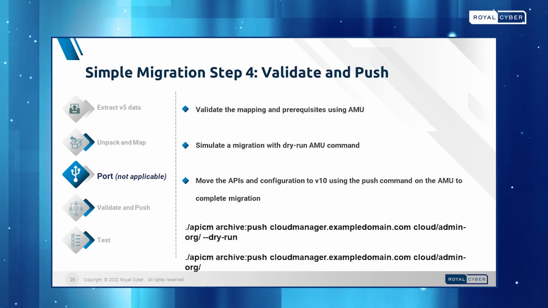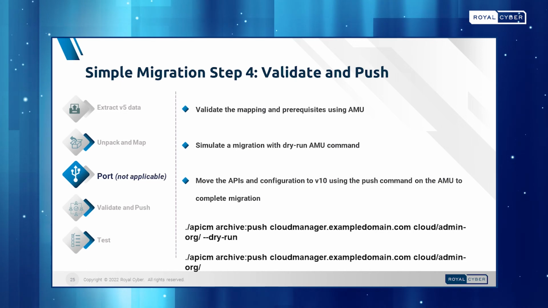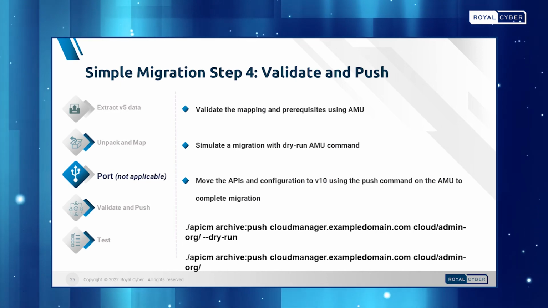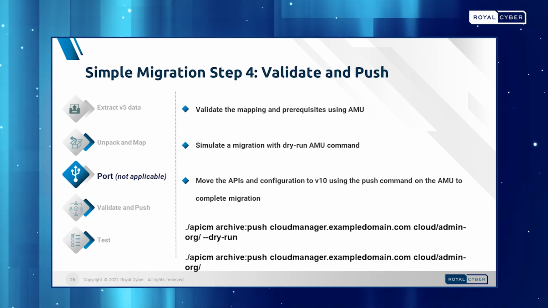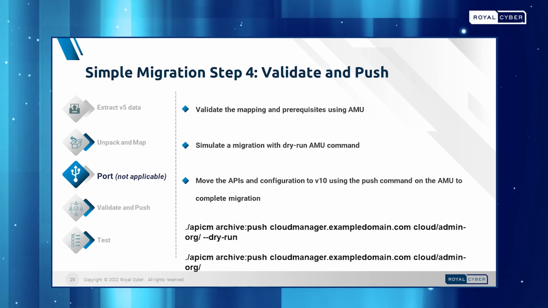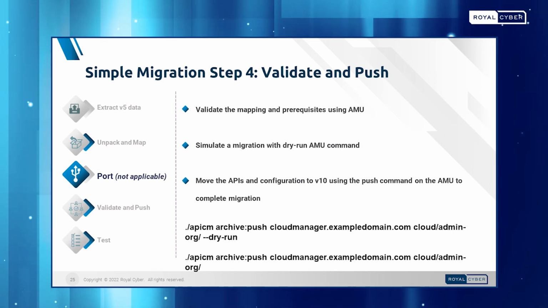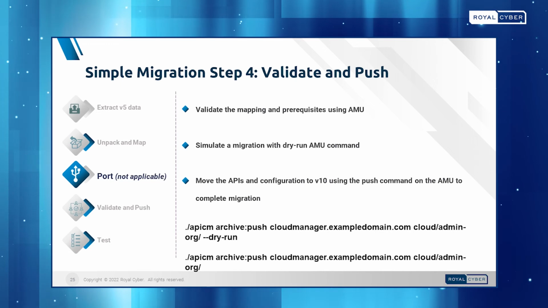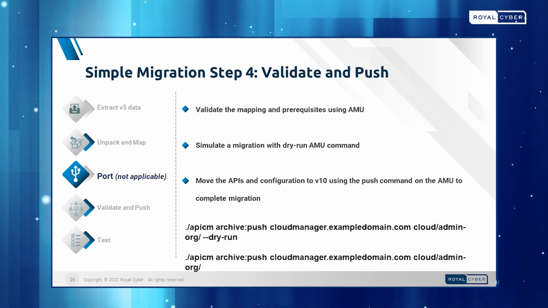You log into your V10 system, and then you do archive push. Then it will push all those artifacts to V10. It is good practice to run a dry run, so that you get a feel of the response of what will happen when you actually run it. You can run it as many times as you want.